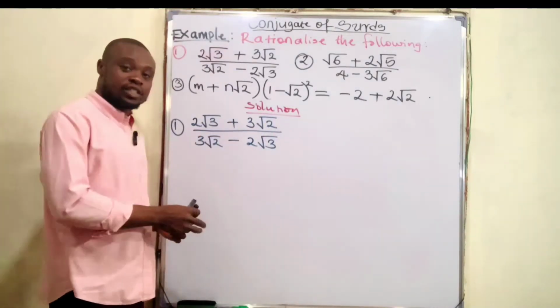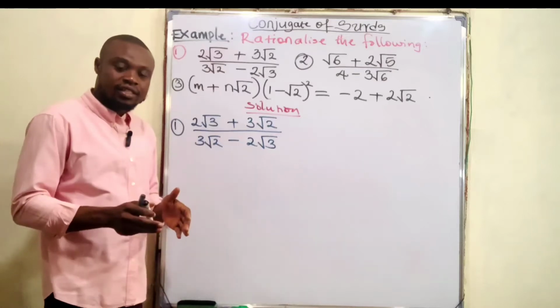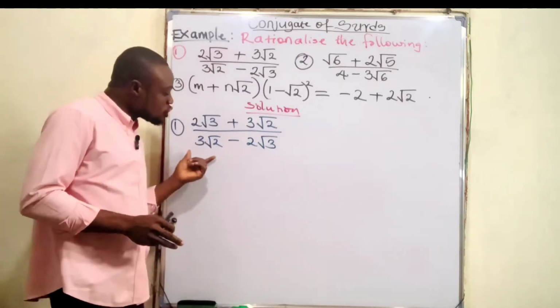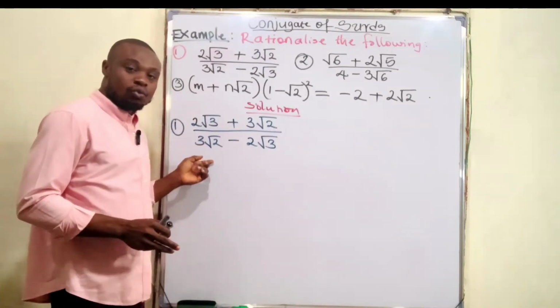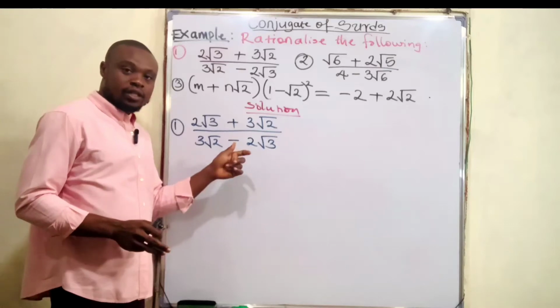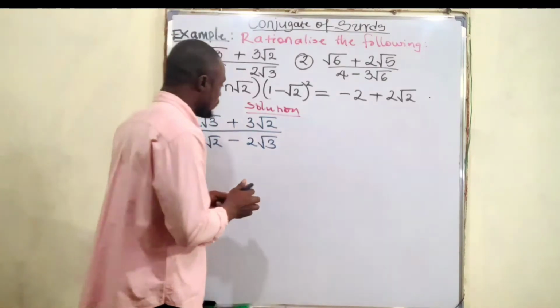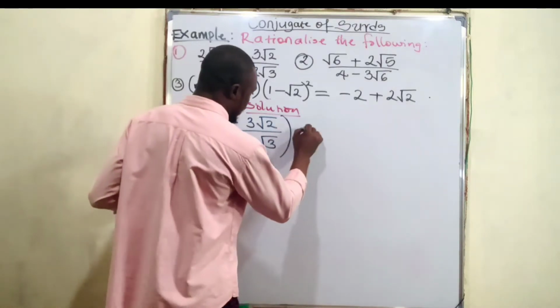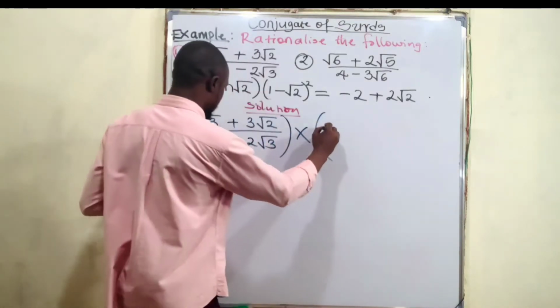So like I said, to rationalize means to use the denominator and multiply the numerator and also multiply the same denominator again. But in this case, we are going to change the sign. So we'll find the conjugate of this denominator, where the sign is going to change. Then we'll use that to multiply the entire surd. So I'll put this in bracket and put the times here. Also put this one in bracket.